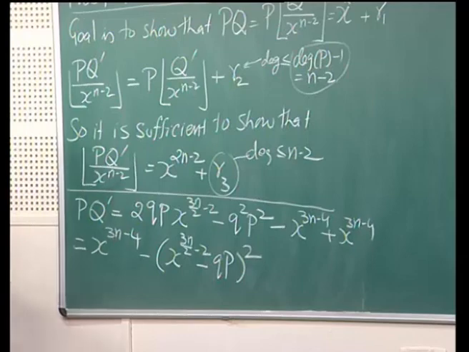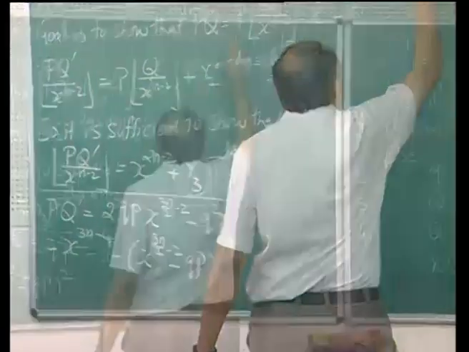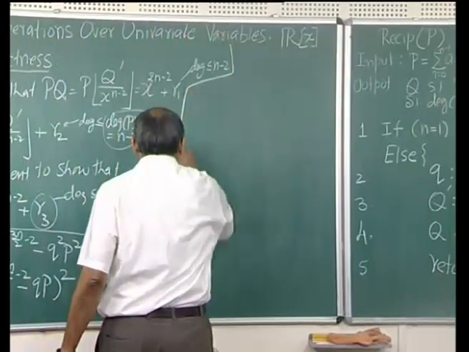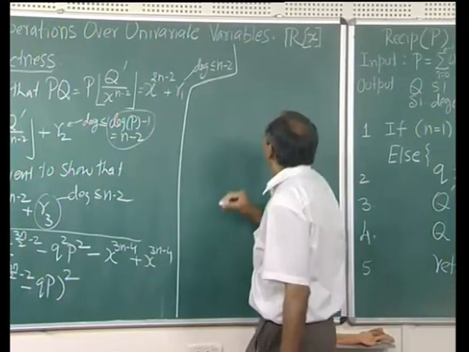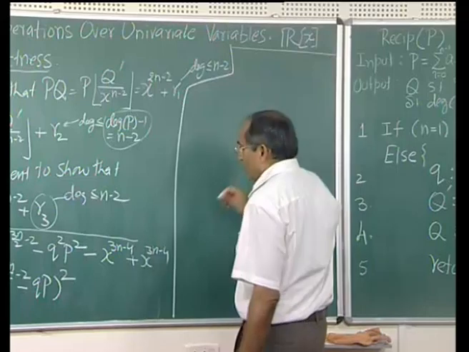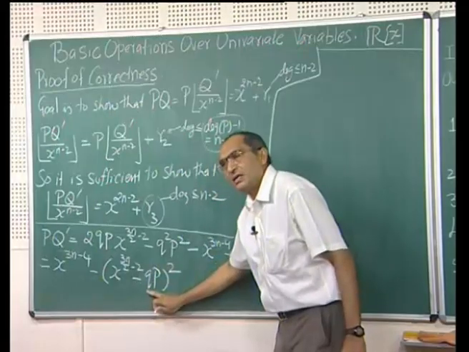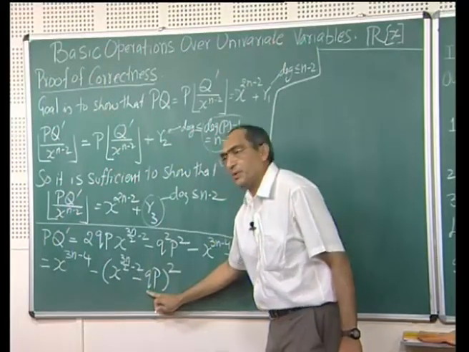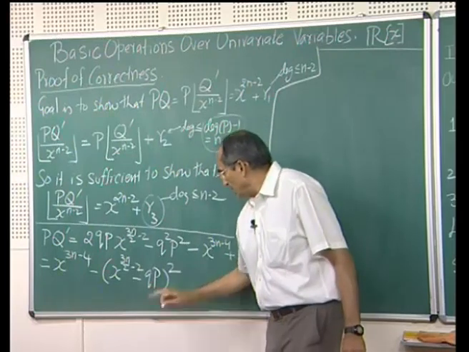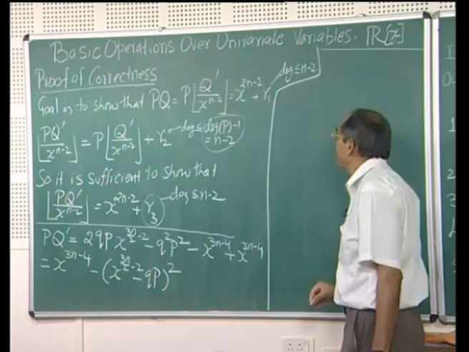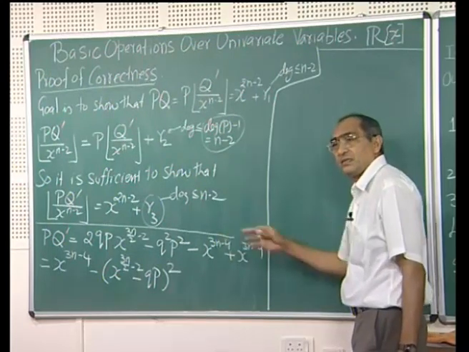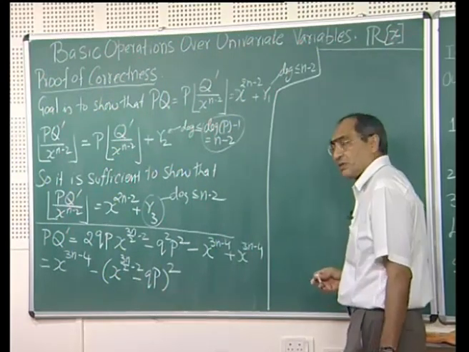Okay. Now, recall that the small q is the reciprocal of small p, and from induction hypothesis it satisfies the condition that a reciprocal should satisfy.